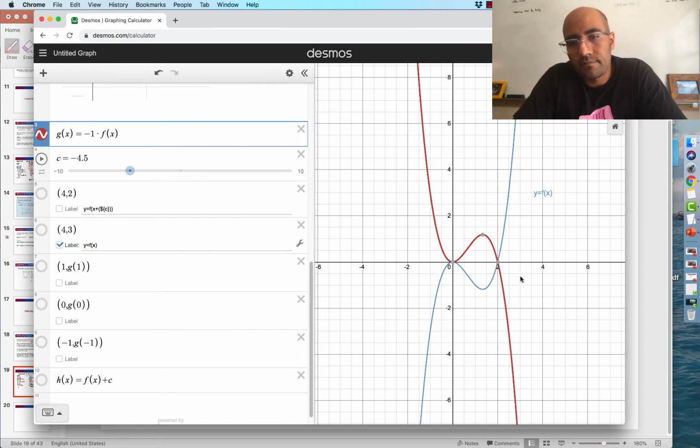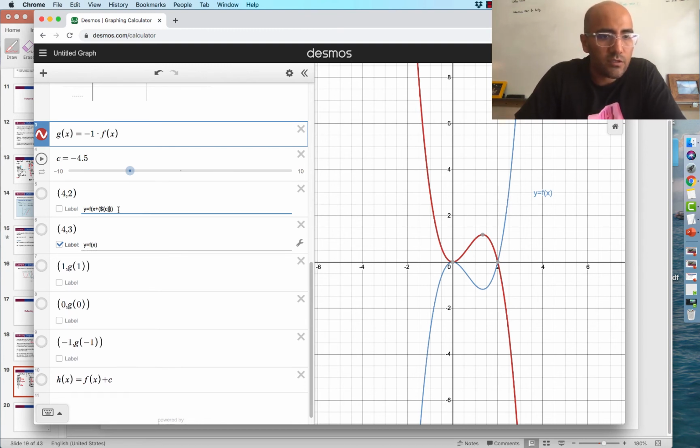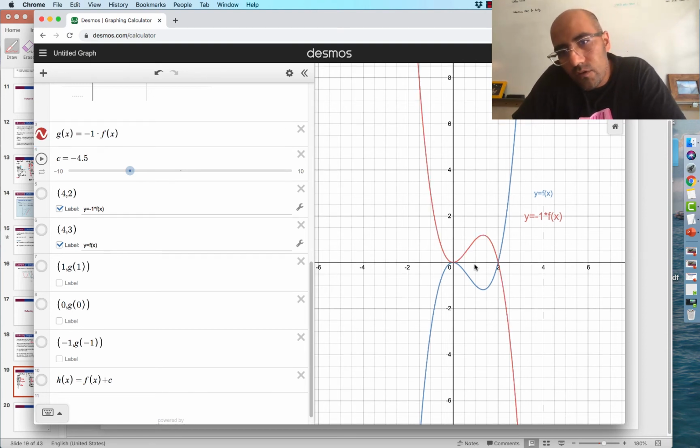It looks like that. Right, so this section of the original graph in blue is, let's change this over here, negative 1 times that. Okay, so here we go. So the original function here in blue, as compared to the new function, which is negative f of x, right?